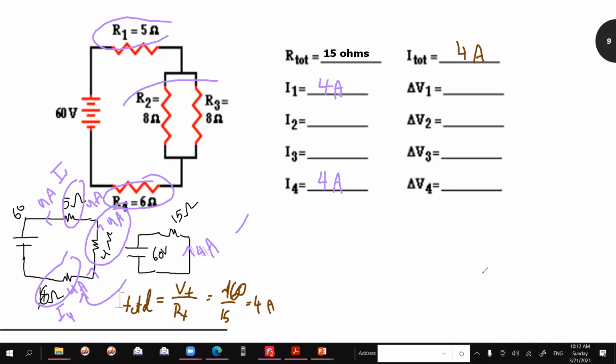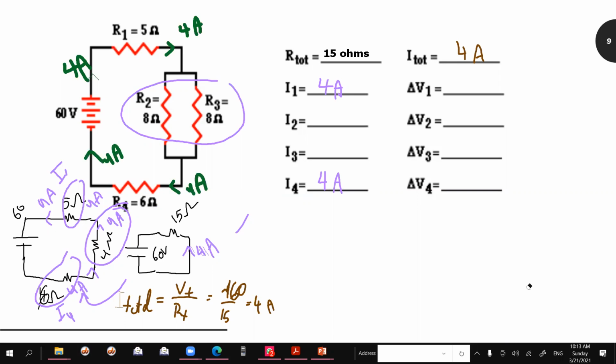So when we come back now, that means here the current coming up is 4. When it's here, it's 4. When it is outside here, it is 4. When it continues here, it is 4.